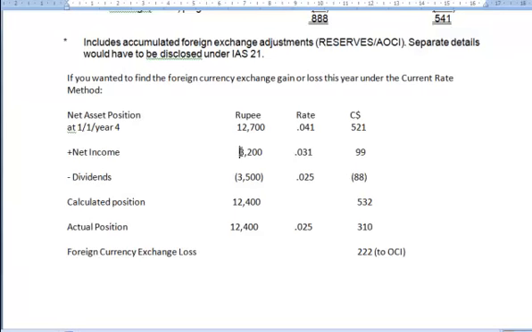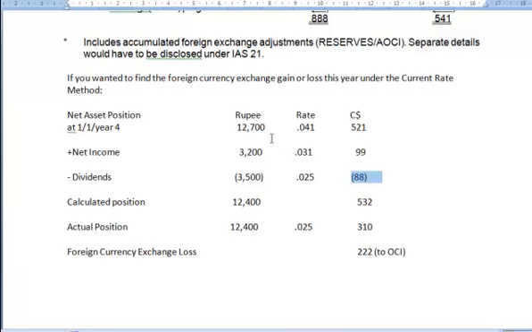We know from our question that net income was 3.2 million rupees, translated at 0.031, gives us 99,000 Canadian. Our dividends of 3.5 million rupees, translated at the spot rate, which is 0.025, are going to give us 88,000, which decreased our net asset position, because dividends declared decrease equity, right?